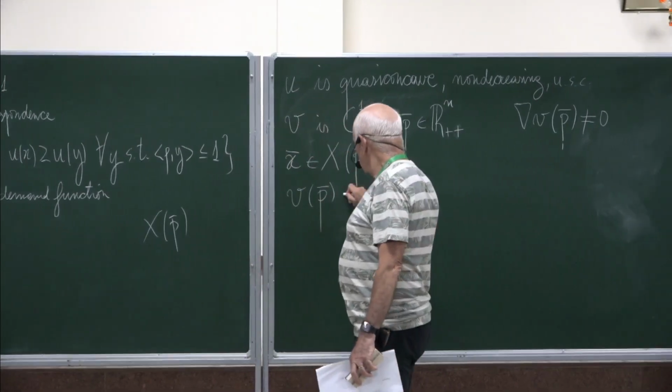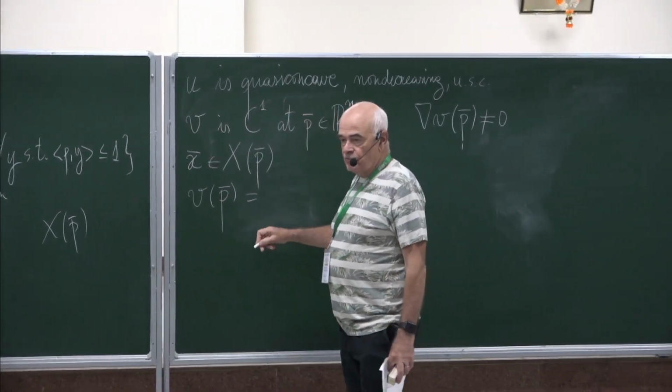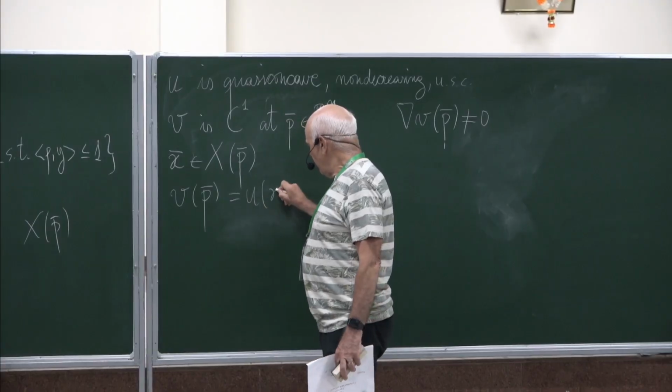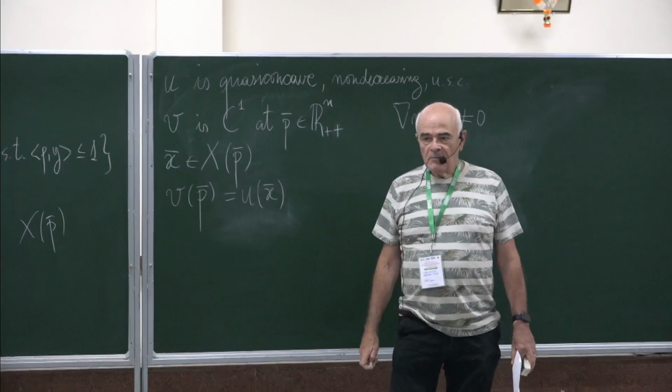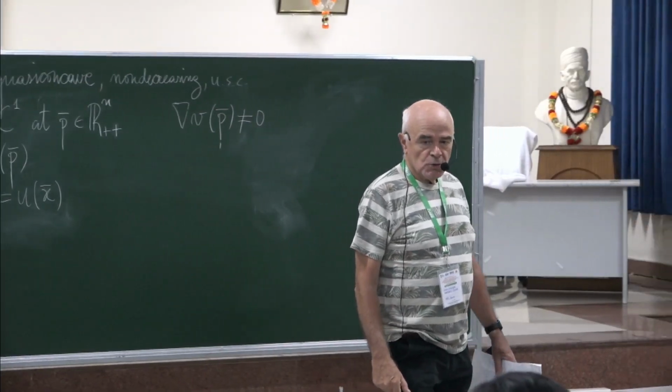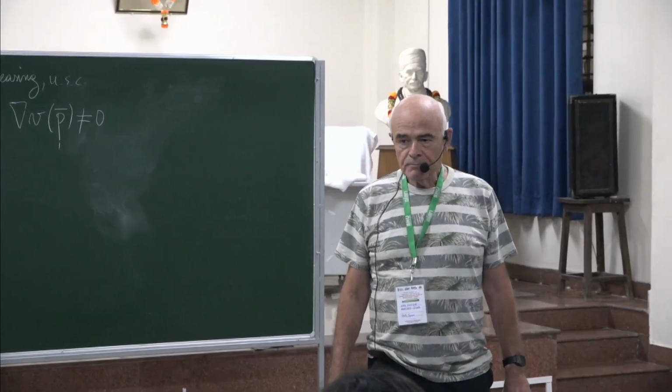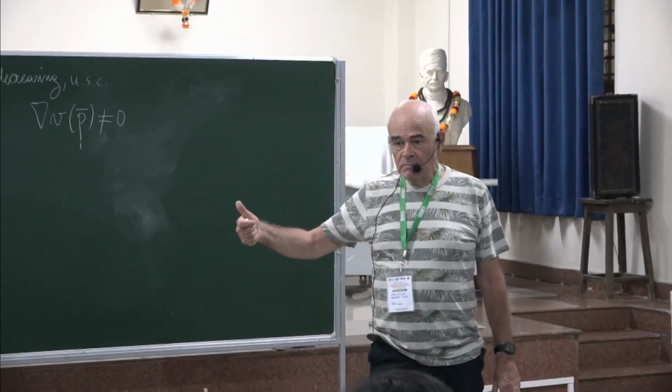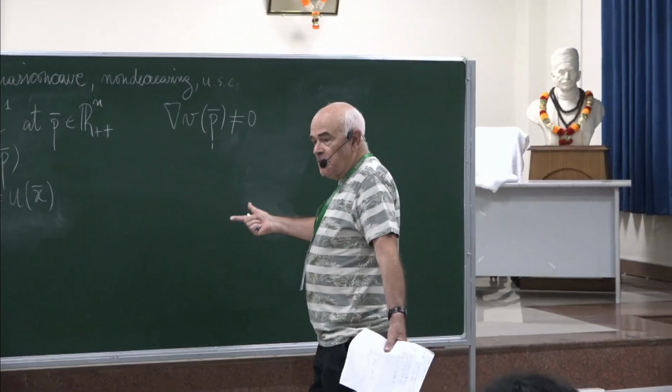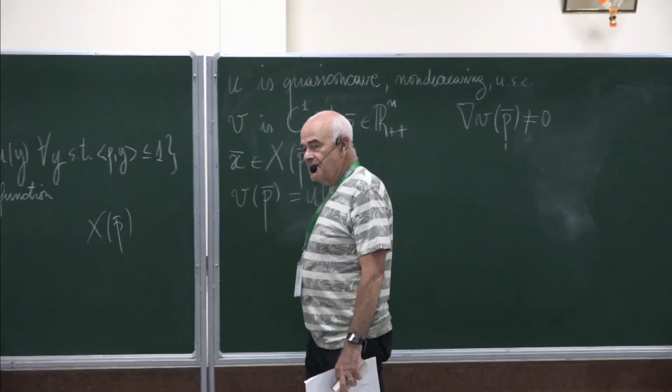So this is the crucial, very easy observation that V of P bar is equal to U of X bar. Okay, the optimal value is attained at an optimal solution. I'm not saying anything else.